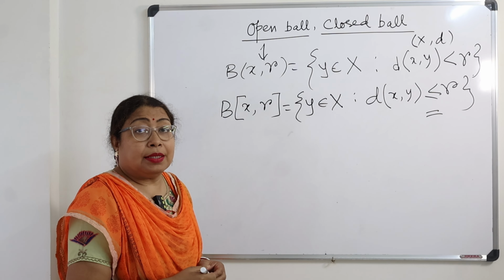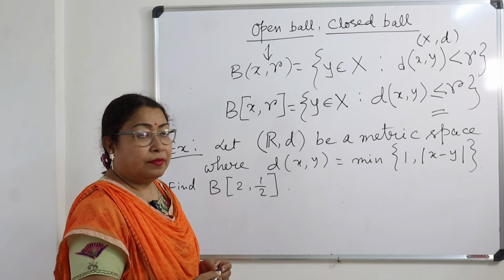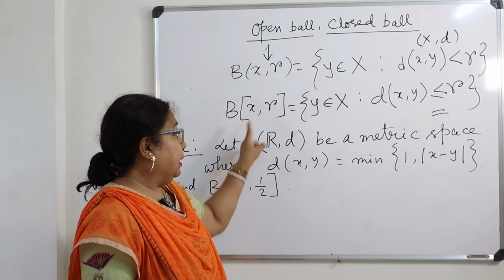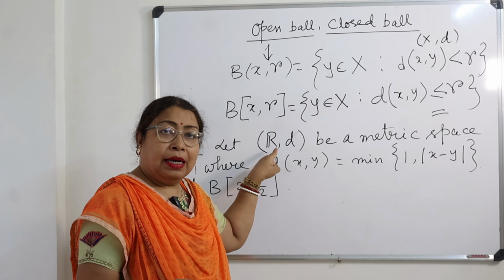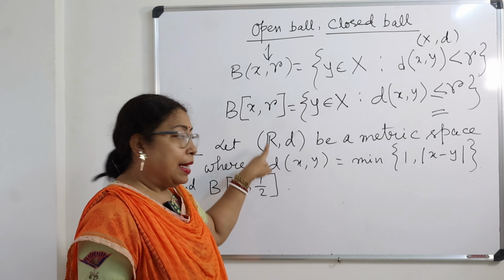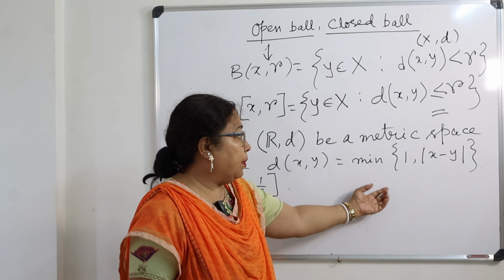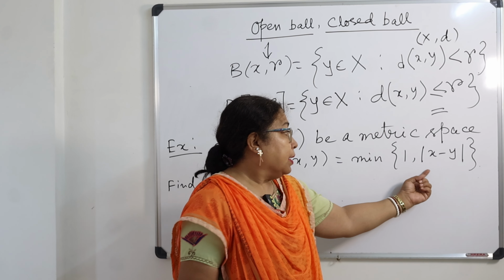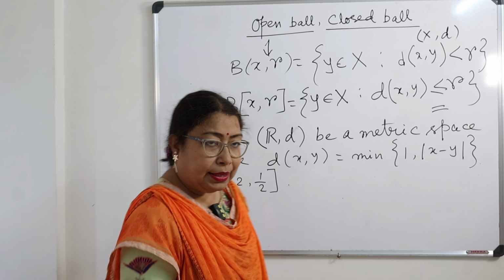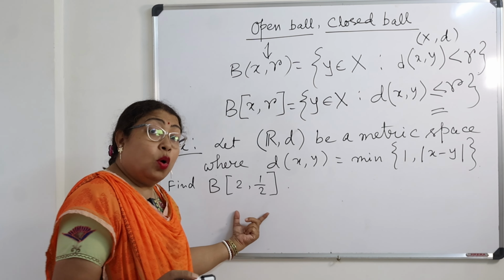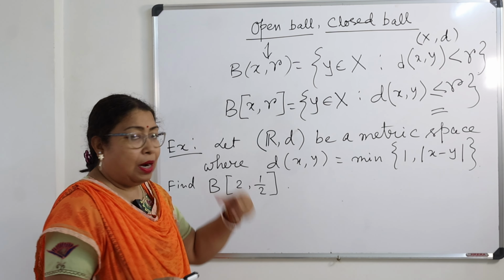So let us consider an example. We consider the metric space (R, d). Here R is the set of real numbers and d is defined as d(x, y) equal to minimum of 1 and mod of x minus y. Then we have to find the closed ball B[2, 1/2].